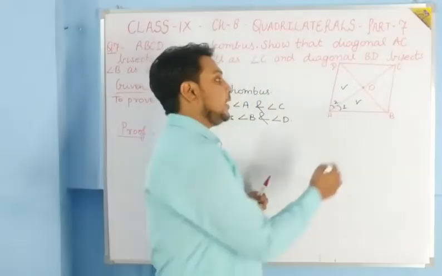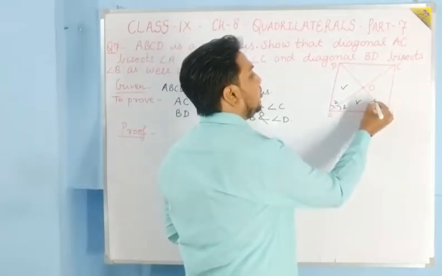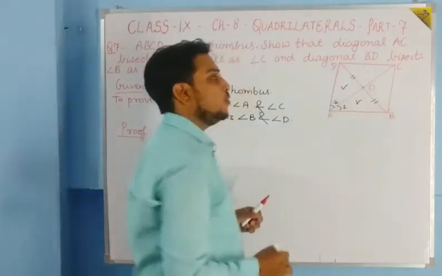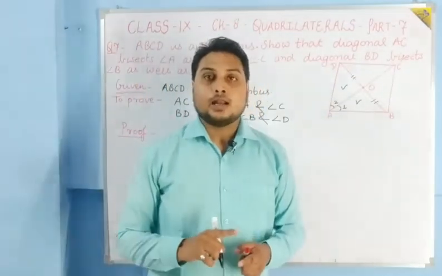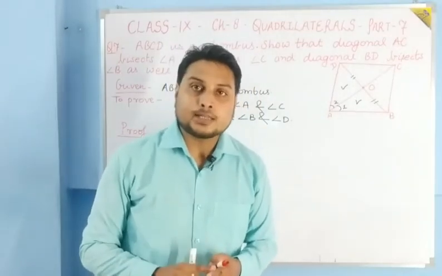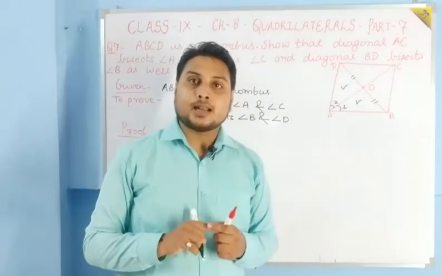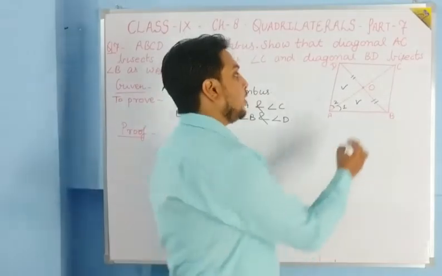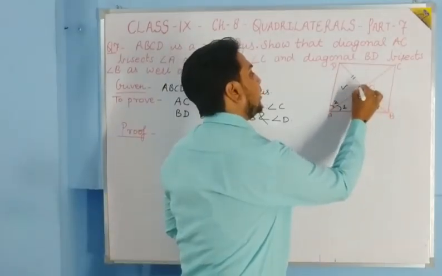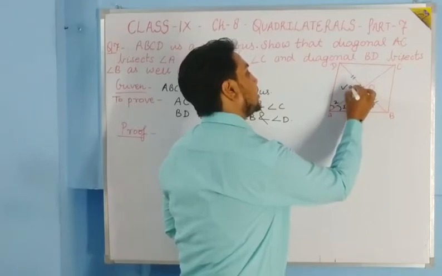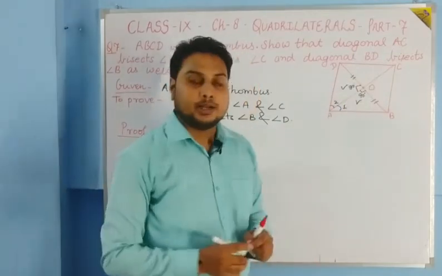So it means that BO should be equal to OD. Also we know that in a rhombus the diagonals bisect each other at 90 degrees, so this angle and this angle are both equal to 90 degrees.